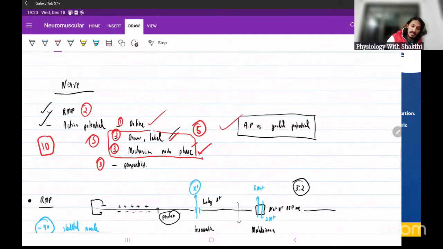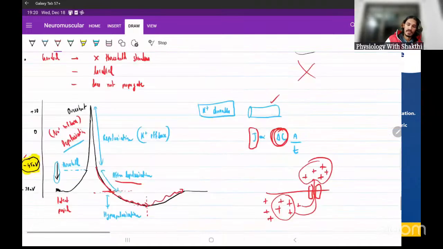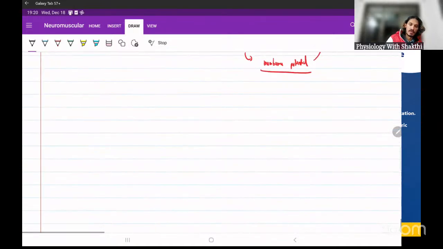Okay, so these are the most important 2 questions that will be asked. Now finally, we have to talk about the properties. So when we talk about the properties, what are the properties we have to talk about? You can talk about excitability.